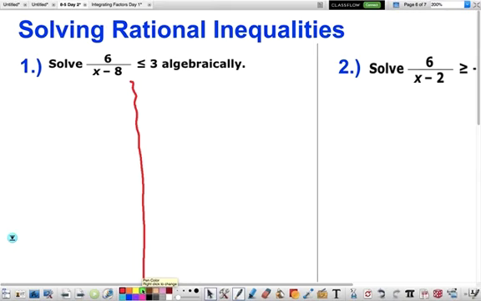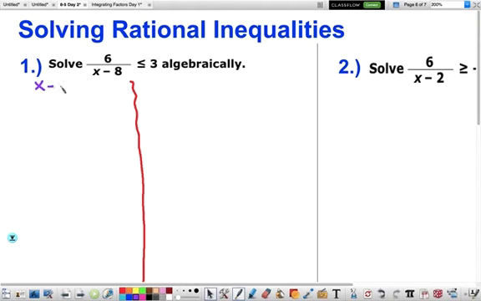For the same problem, 2 columns. X minus 8 is a number, right? Yes. It's a number. It could either be positive or negative, so what are our 2 cases?